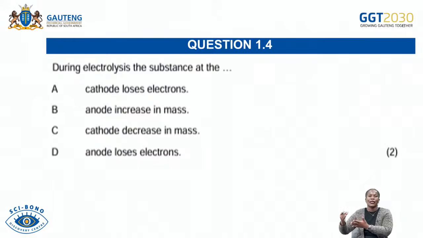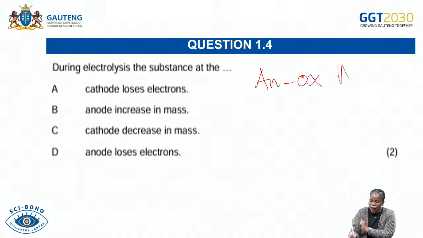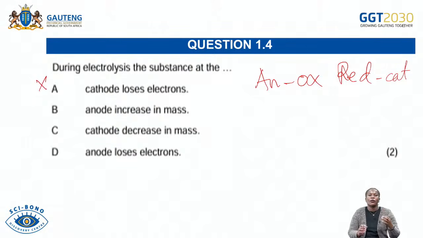Remember, OIL RIG, reduction at the cathode. Cathode is a reduction, which means there has to be a gain of electrons. So it's a no-no. Anode increases in mass? How can anode increase in mass when we are taking from the anode? So it has to be a decrease in mass.